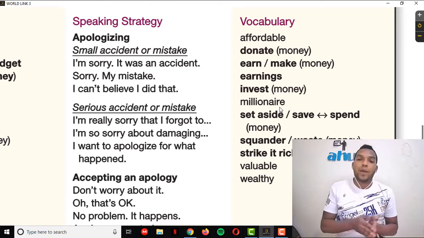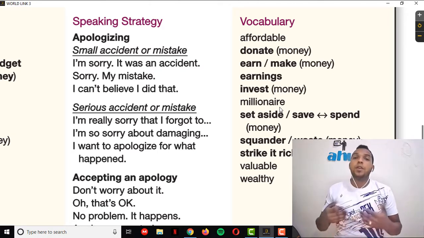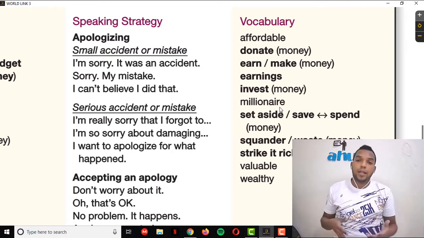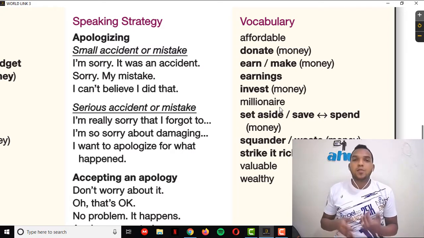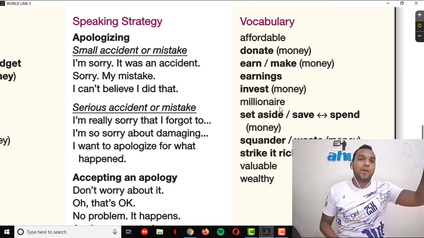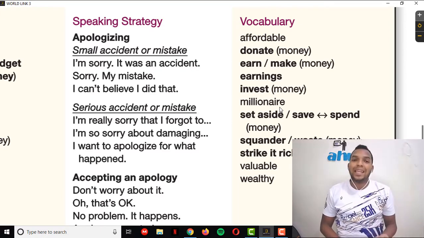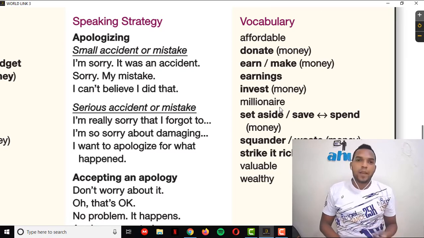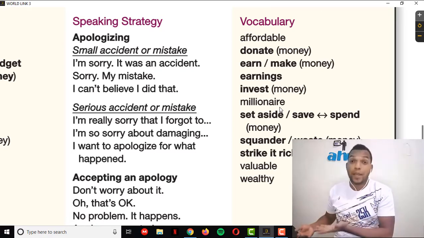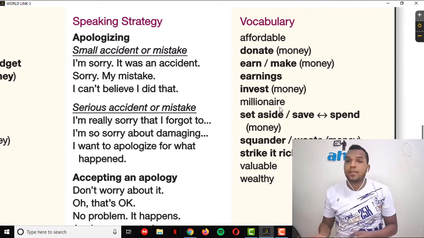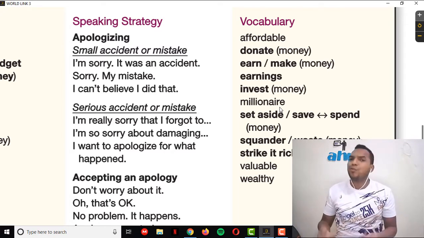Squander or waste the money. Okay, when you squander the money, which is similar to waste, you give away the money without any purpose. Like, I'm going on vacation, so you're going to waste money over there. I want to buy this clothing. You're wasting money.